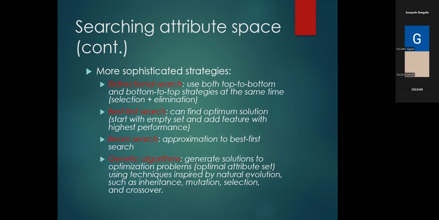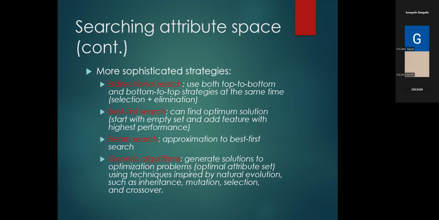The idea I said was that you start from some feature subset and then create a new feature subset using some of these techniques. I explained crossover and mutation, where you combine parts of two subsets to create a new subset. That's crossover. In mutation, you make some changes to an existing feature subset, which generates a new feature subset, and you evaluate that.